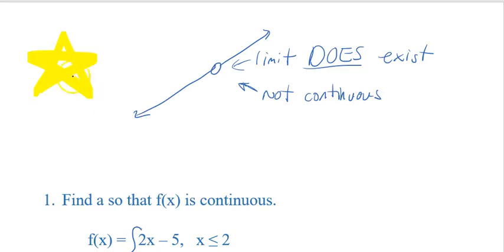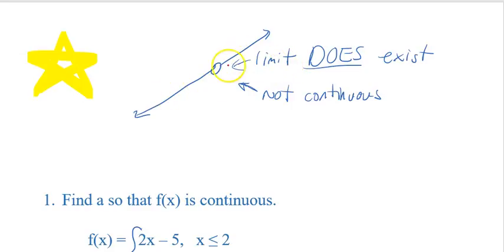Okay, I have a big gold star beside of this because this is the thing that most people get confused on and miss questions about. This graph is a graph of a function. This one's a line with a hole in it. When there's a hole, you have to remember that the limit does exist. Why does the limit exist?